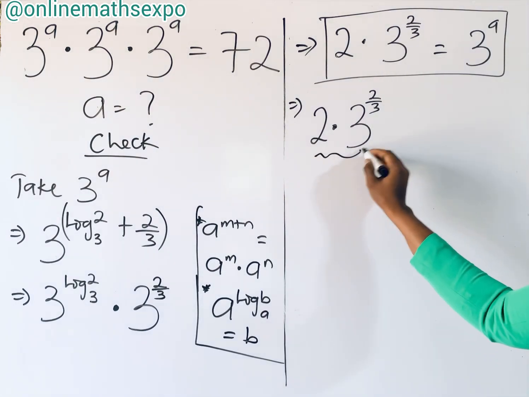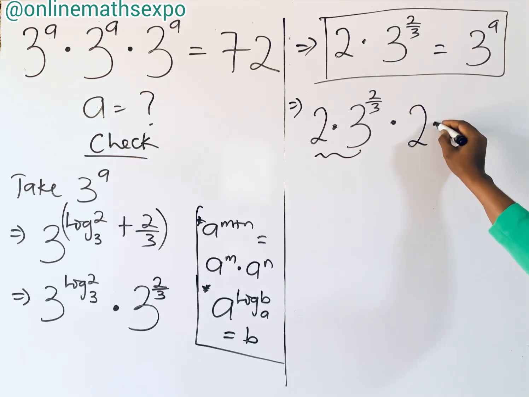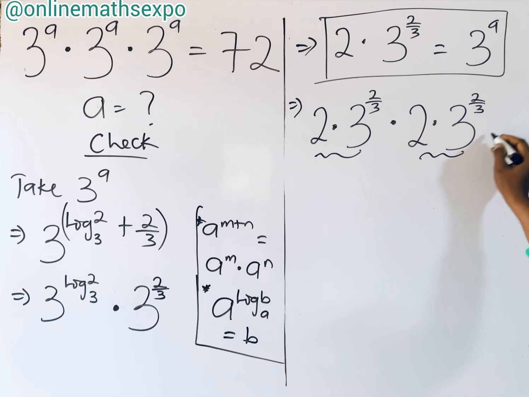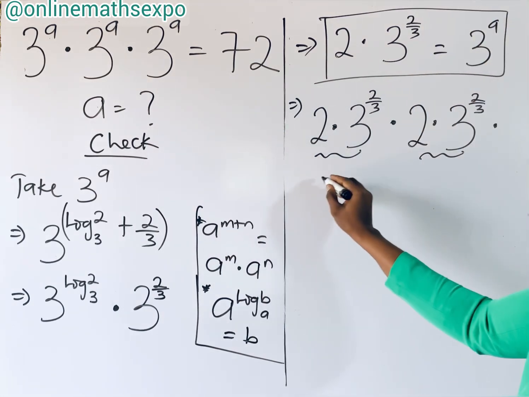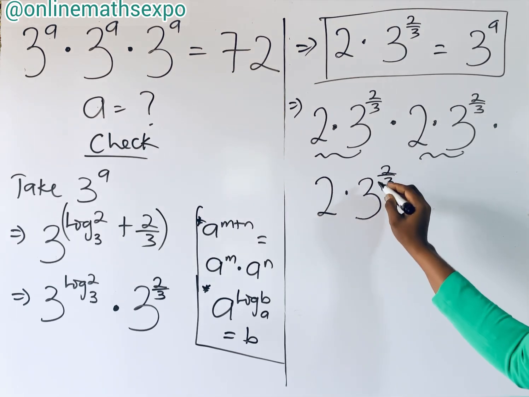That is for 1. It is multiplied by 2 multiplied by 3 to the power of 2 third, this is the second. Multiplied by the third one, we have 2 multiplying 3 to the power of 2 third.